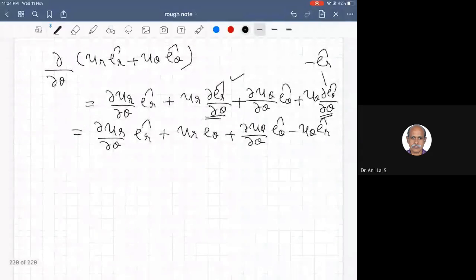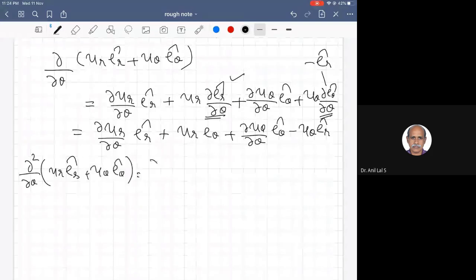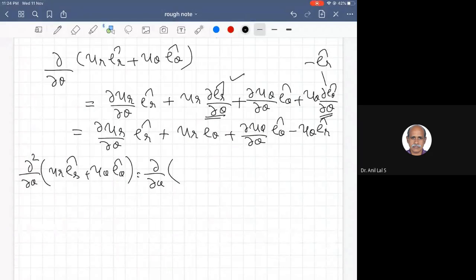So this is only dou by dou theta. What I actually want is dou squared by dou theta squared of ur er plus u theta e theta, and that will be equal to dou by dou theta of the whole of this.